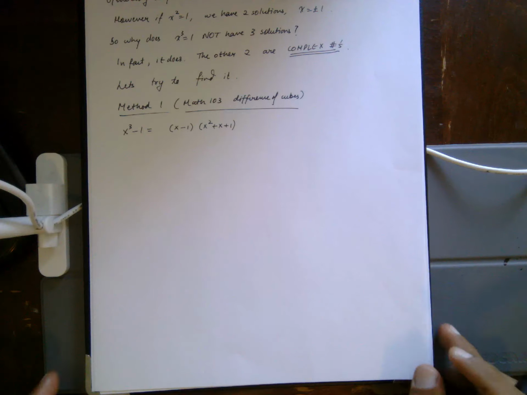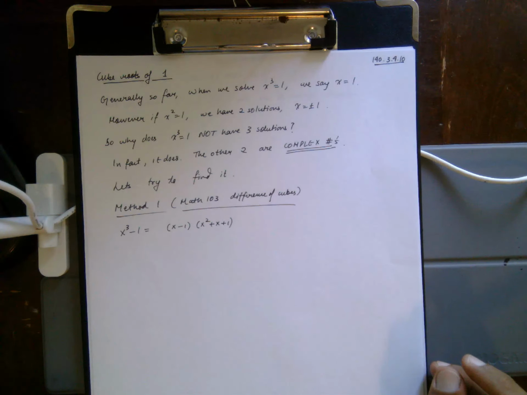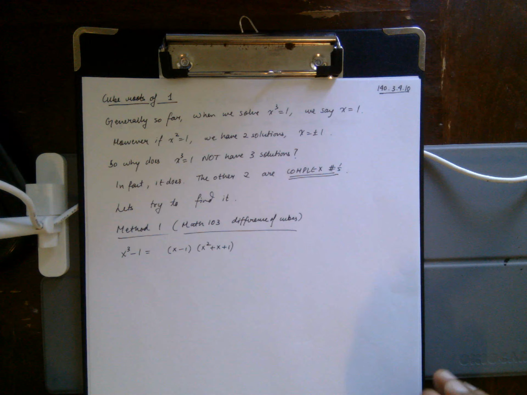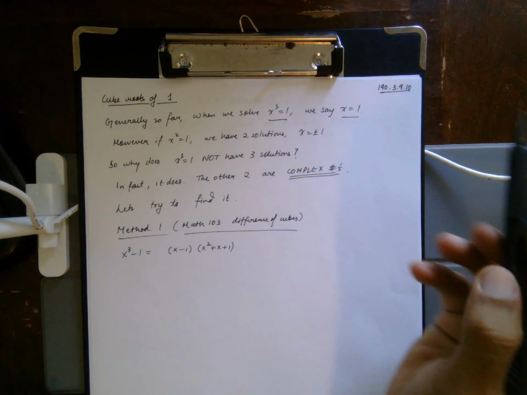This idea of taking nth powers of a complex number has an application, which we're going to start with by a concrete example of finding cube roots of 1. So far in Math 103 and anywhere else you have encountered cubic equations, when you end up with x cubed equals 1, you say x is 1.